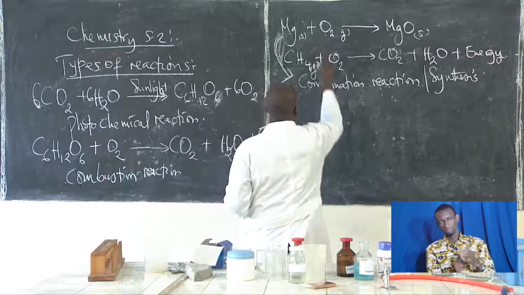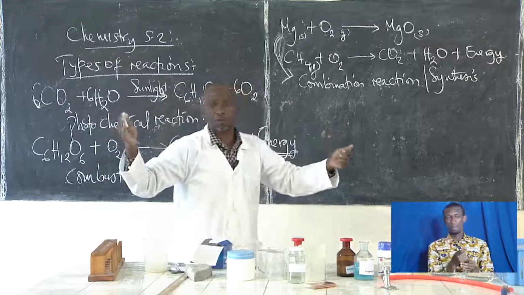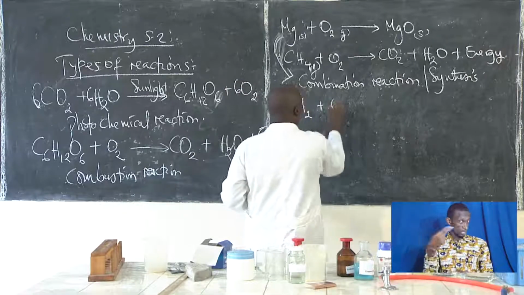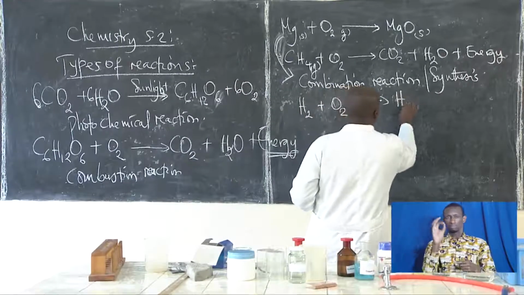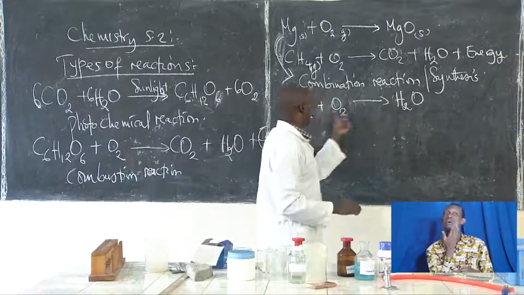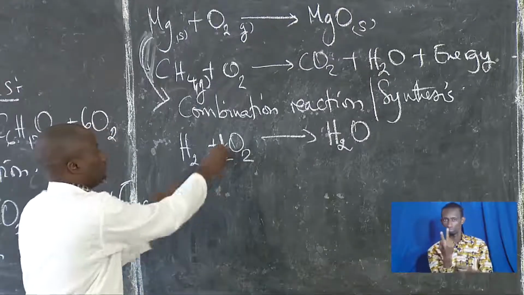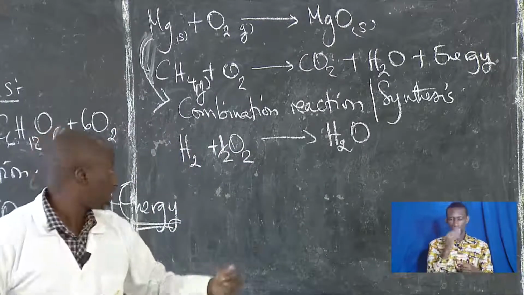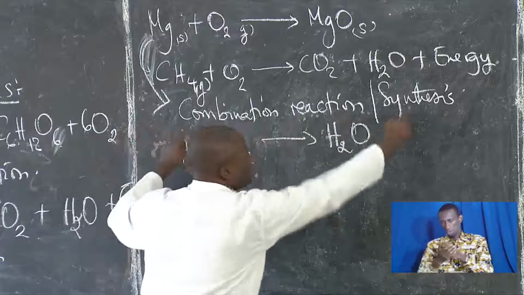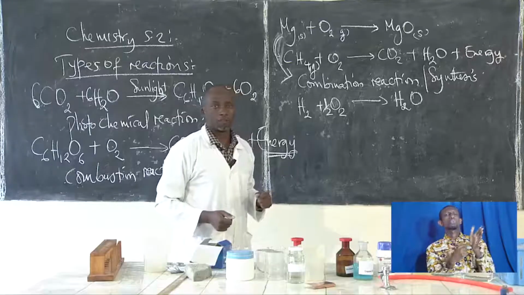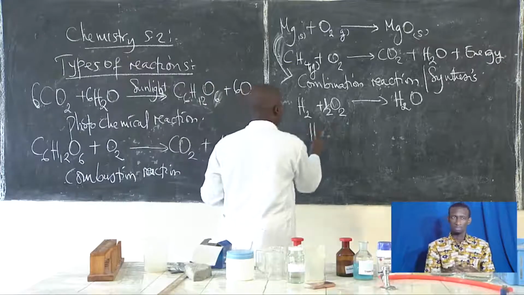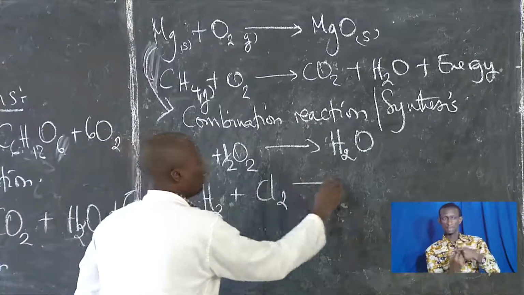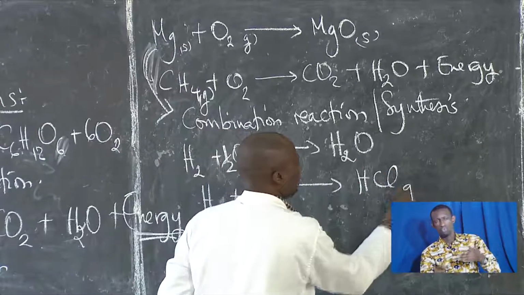So when you look at the magnesium, we can have other examples as well. You can have hydrogen combining with oxygen to form water. Water is made up of these two elements, oxygen and hydrogen, combining to form water. That is one other example of a combination or synthesis reaction. We can as well have hydrogen combining with chlorine to form hydrogen chloride gas.